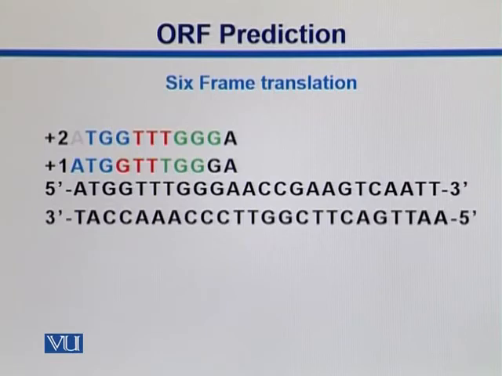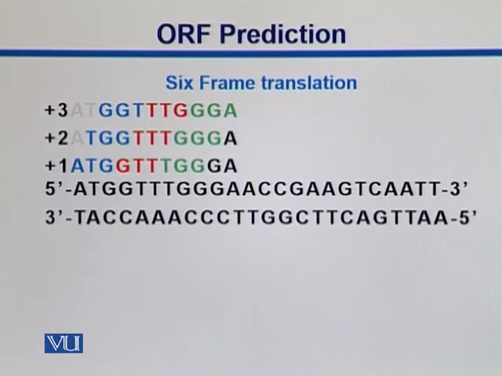This frame goes like TGG, TTT, and so on. Sometimes it can start from position number 3. It can be GGT, TTG, and so on. What if we start again from position number 4? It's no different from position number 1. So there are these three possibilities of finding reading frames on the top strand.